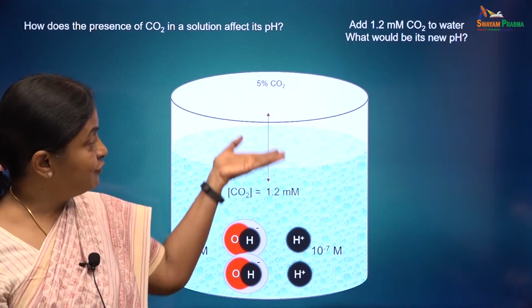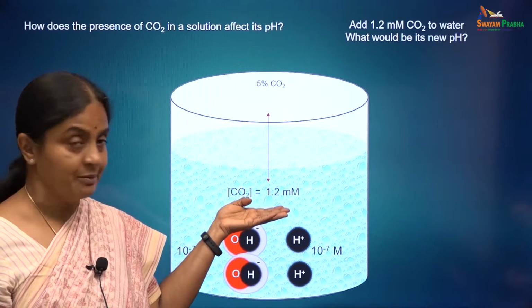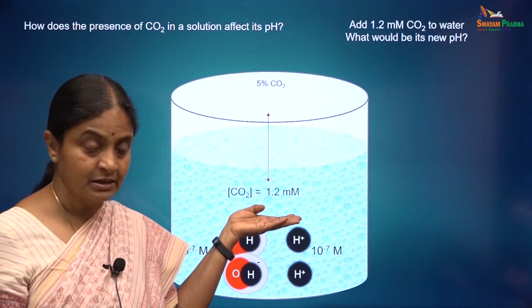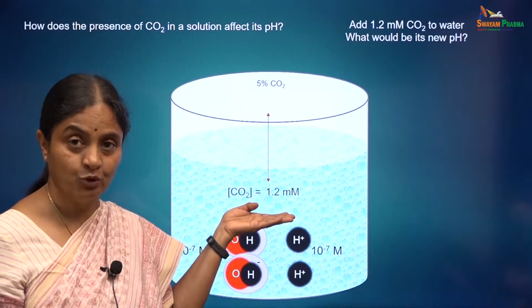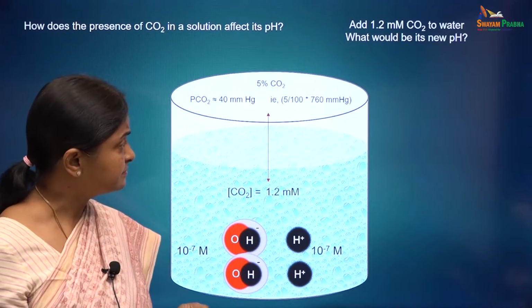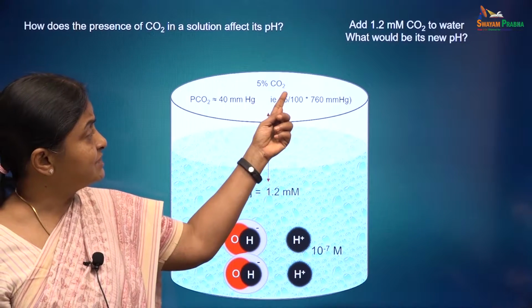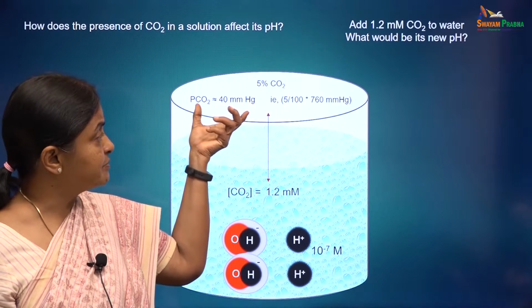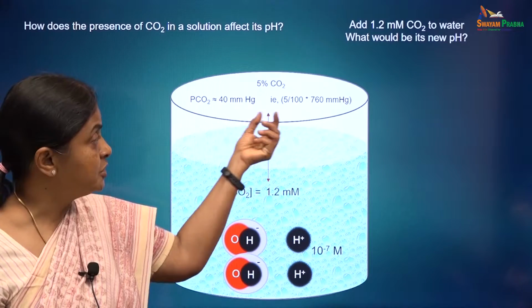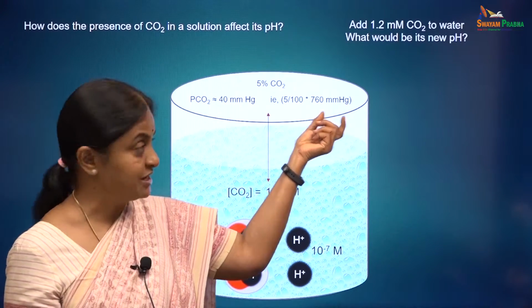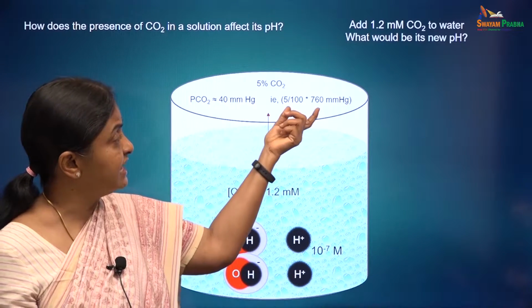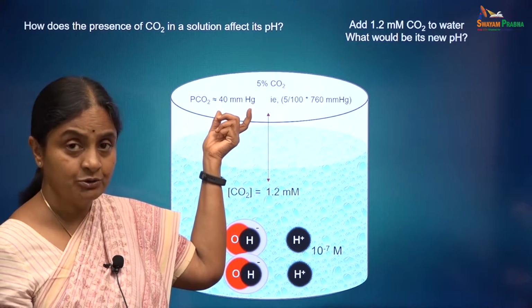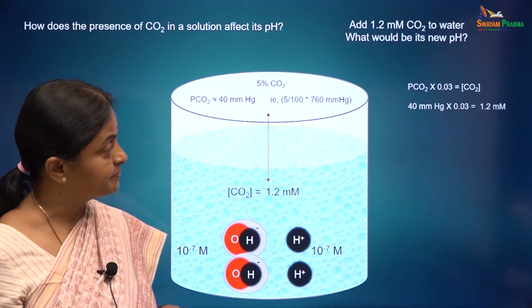And when you leave water in an atmosphere of 5% carbon dioxide, you would get a concentration of 1.2 millimoles per liter. We will see why. Now, at 5% carbon dioxide, the partial pressure of carbon dioxide in that mixture would be 5% of atmospheric pressure, and that would be roughly 38 millimeters mercury. Let us round it off to 40 millimeters mercury.